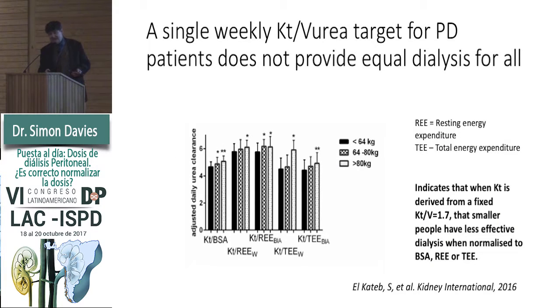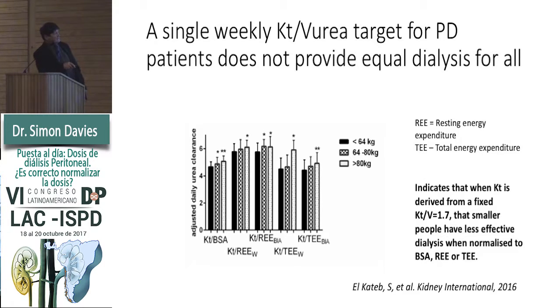So does this apply to peritoneal dialysis patients? Well, there is a study which tries to look at this, again from Ken Farrington and Andrew Davenport in the UK. It's a little difficult to explain because of the way they did it. What they essentially said was, let us imagine that all our patients have a Kt/V of 1.7, and then, because they know the V, calculate what the Kt is in that situation.